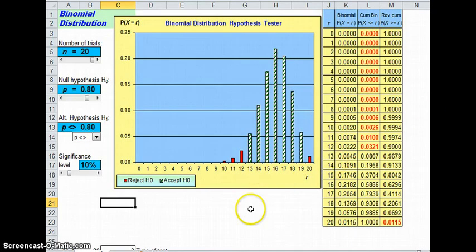Okay, here's a visual representation of what's going on. We can see here there are two tails. On one end, we can see the 0.05 lies between 12 and 13, and the lowest value it can be is 0.03.